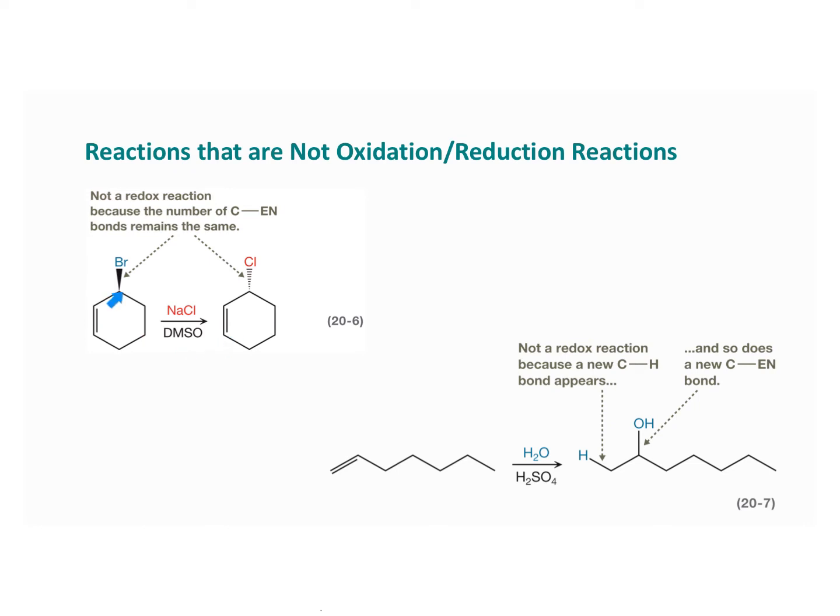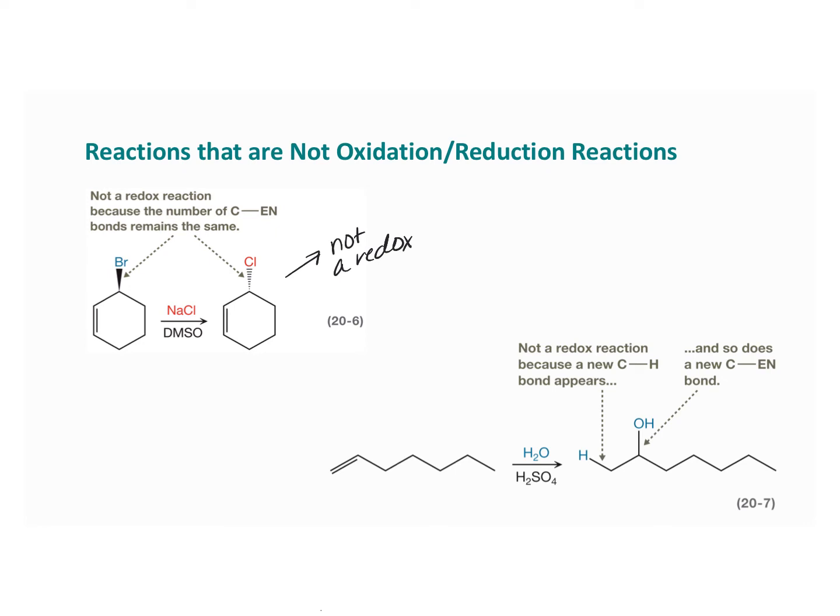The only change in bond is to go from a carbon-bromine bond to a carbon-chlorine bond. Both bromine and chlorine are more electronegative than carbon, so the number of carbon-electronegative bonds remains unchanged. So this is not a redox, because we're not changing the number of carbon-electronegative bonds.